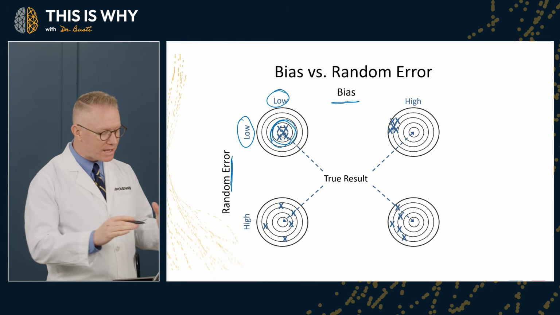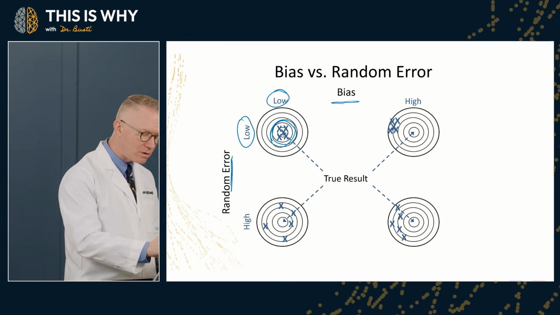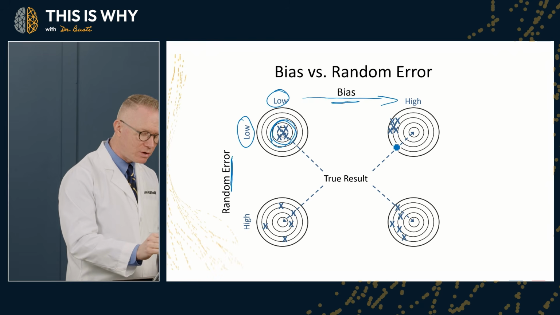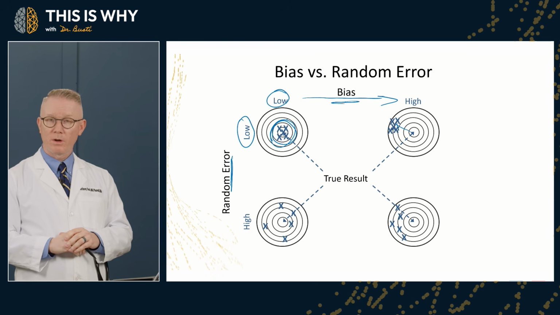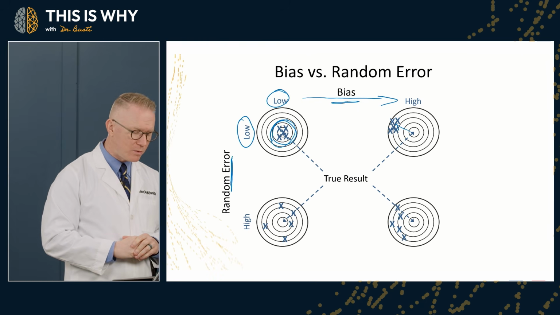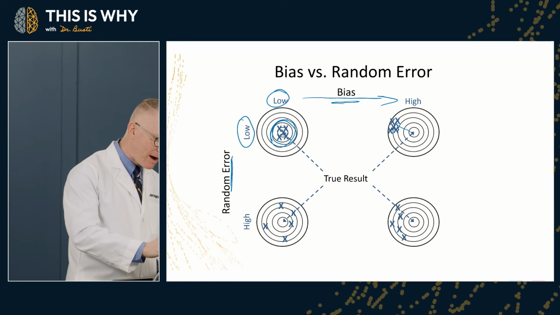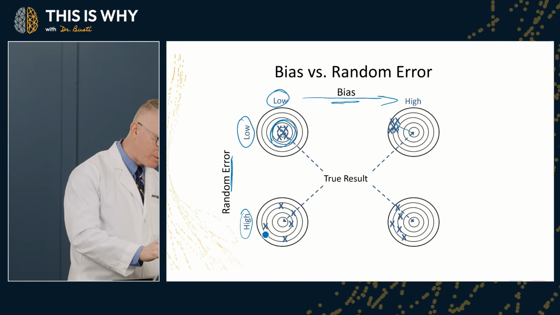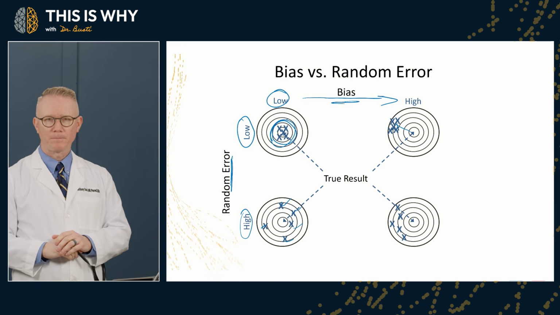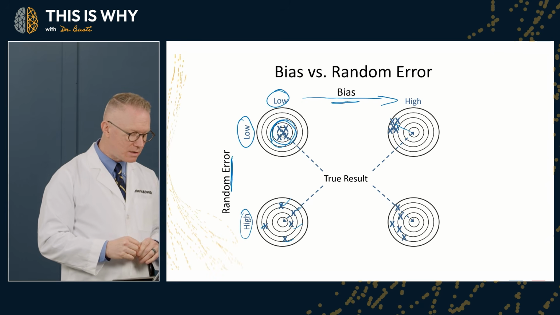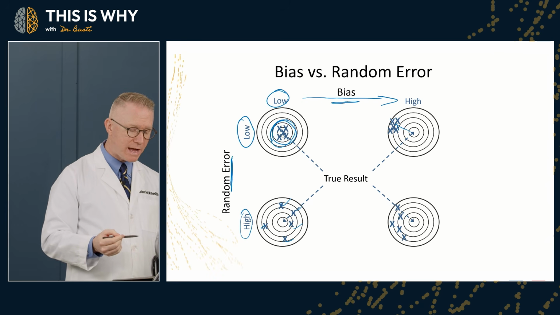But as you have bias being introduced over this direction, you can see that it can change the precision, the reliability of the results. If you have a high degree of error, well, it's not very accurate, is it? Okay, it's all over the place. And the degree of that risk as it relates to bias is also there.